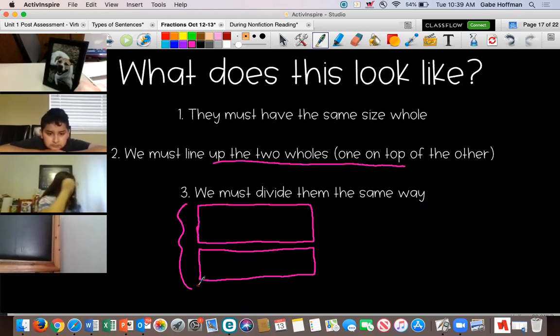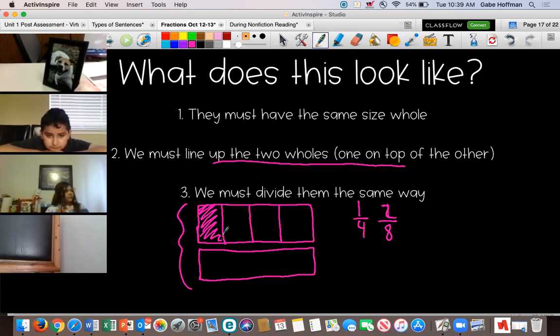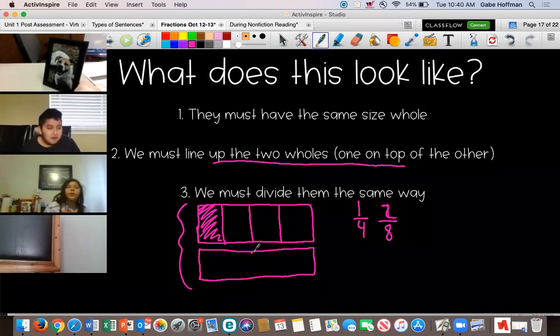So say I'm doing fourths, say I'm going to compare 1/4 and 2/8. If I divide this one like this, so here's my 1/4, I can't go down here to do eighths and do them like this.